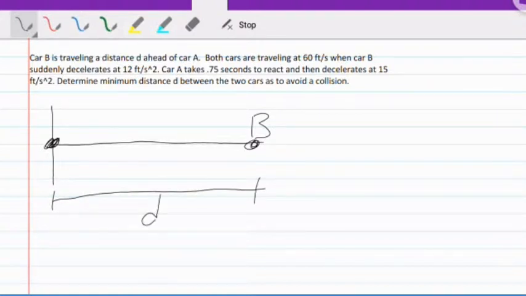Both cars are traveling at 60 feet per second when car B suddenly decelerates at 15 feet per second squared. It takes car A 0.75 seconds to react and then decelerates at 15 feet per second squared. We want to determine the minimum distance between the two cars so as to avoid a collision.